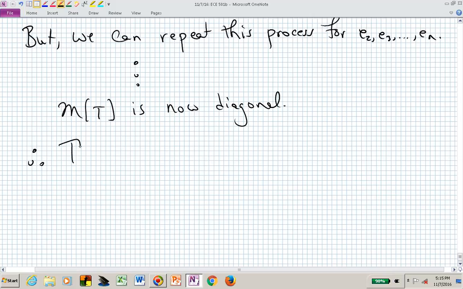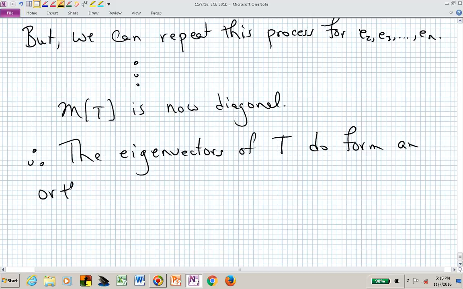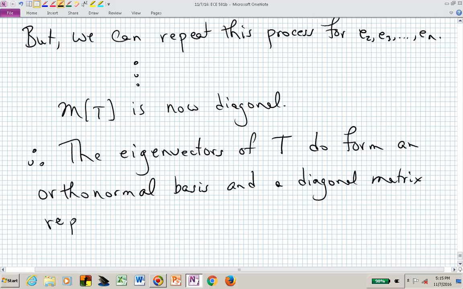Therefore, the eigenvectors of our linear operator T do form an orthonormal basis and a diagonal matrix representation of T, which is C. So there we've shown A implies C.